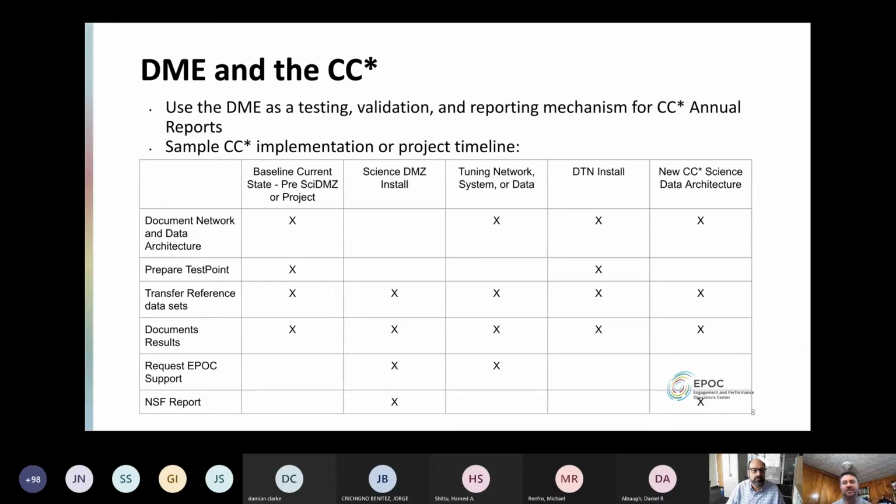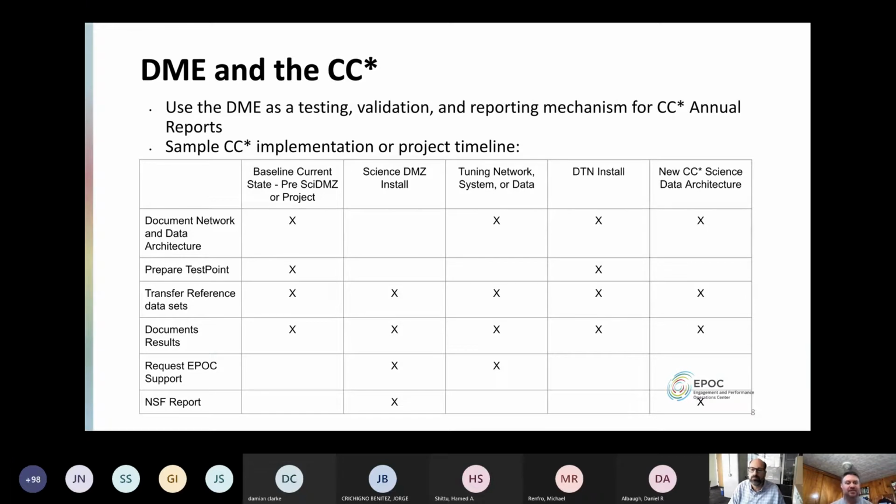So you kind of go through those steps anyway. This will allow you to get a baseline and document where things are, the components to it, before you do any sort of changes at all. And if you do the transfer of the data sets, you can actually see how well things are performing, what kind of numbers you're getting, and you can document those results accordingly.